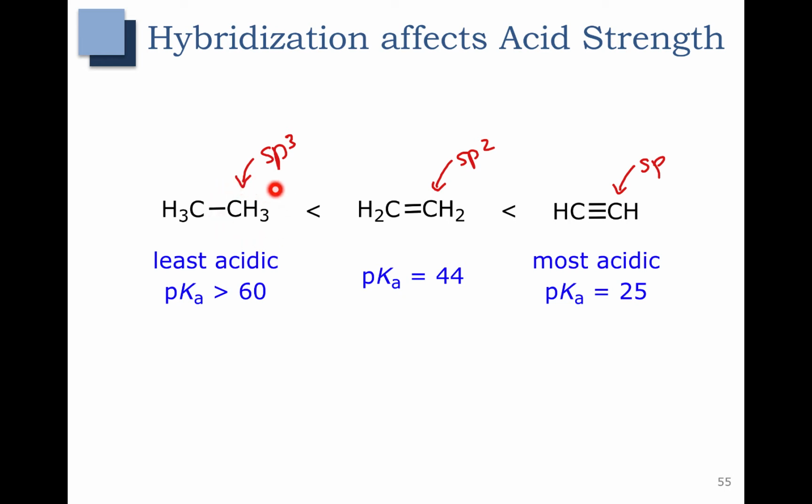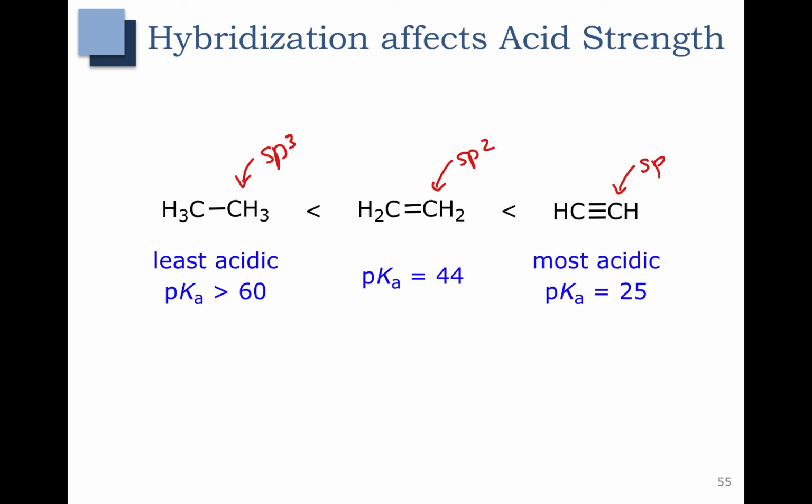Whereas the hydrogen attached to the sp3 hybridized carbon is the least acidic, or the hardest to pull off. This is a really large pKa, greater than 60, whereas the hydrogen attached to the alkyne at a pKa of 25 can be readily deprotonated.